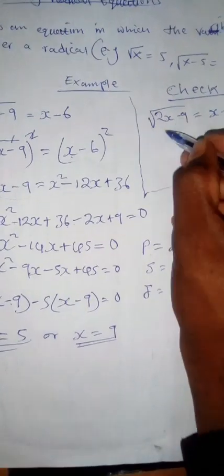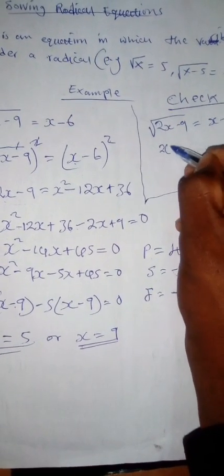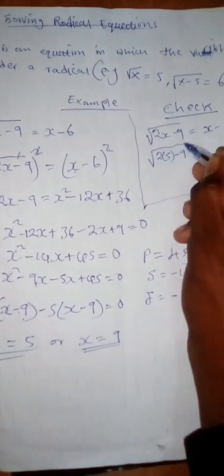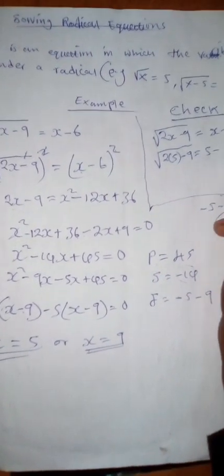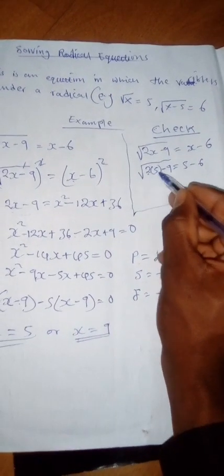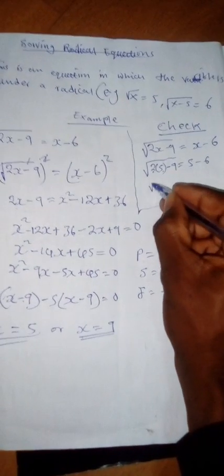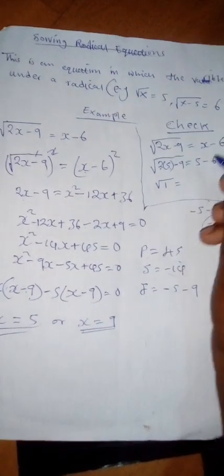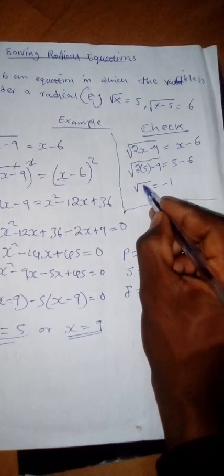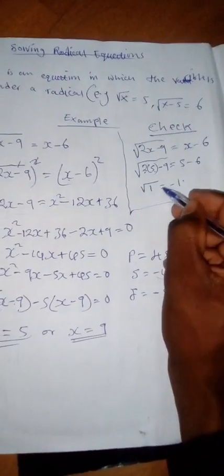So the square root of 2 times 5 minus 9 equals 5 minus 6. This one is not going to work because 10 minus 9 gives us 1, which is equal to negative 1, and the root of 1 is not equal to negative 1, so this one is not a solution.